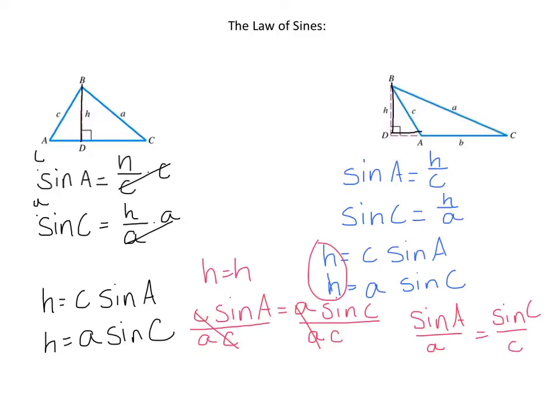I can repeat this exercise dropping an altitude from angle A and dropping an altitude from angle C. And when I do that, I will get this same type of ratio with angles A, B, and C with sides a, b, and c.